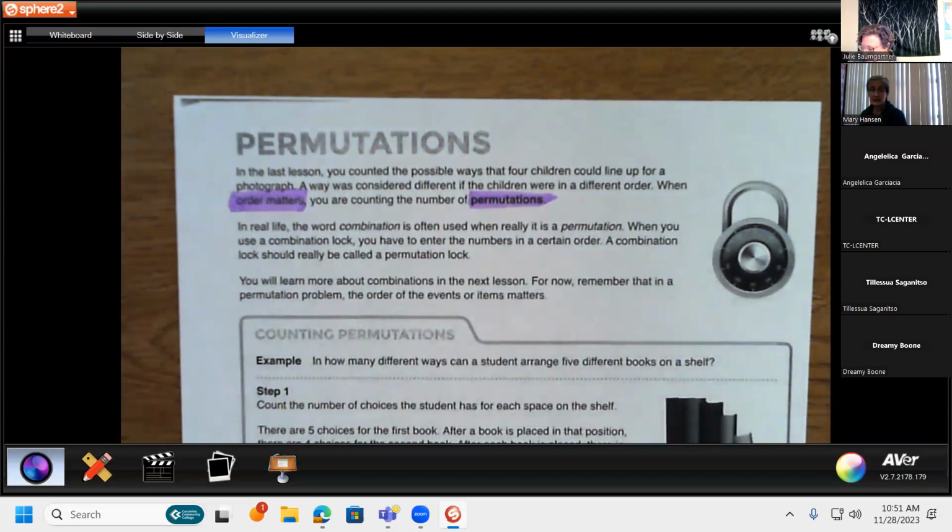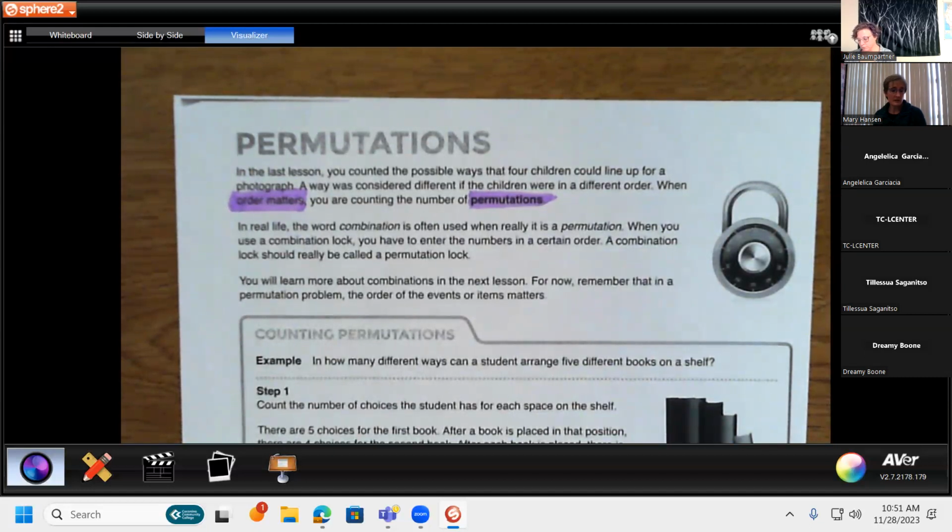If you think about your PIN number for a bank account or a computer login, typically 4 numbers, sometimes 6, or for your phone, if you put those in the wrong order, the phone or the computer rejects it. And so your PIN number would be an example of a permutation.